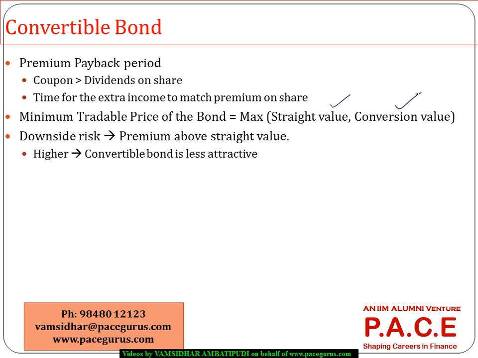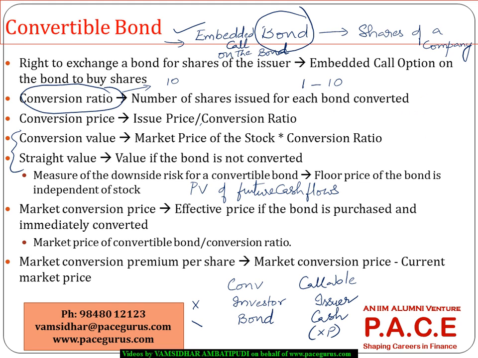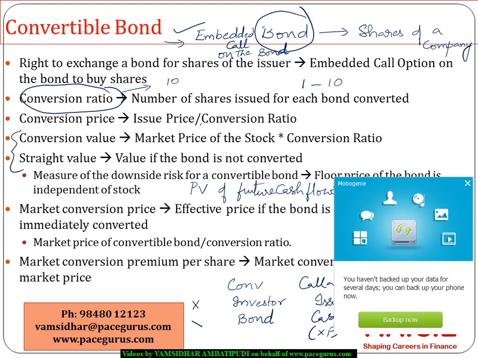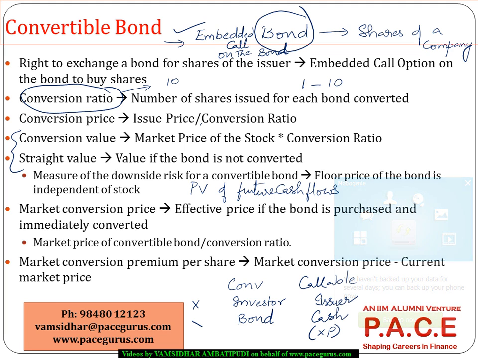The trading price should definitely be greater than either of these. That is one way to judge the minimum market price for this convertible bond: the maximum of either the straight value, assuming it is not converted, or the conversion value, assuming it is converted.